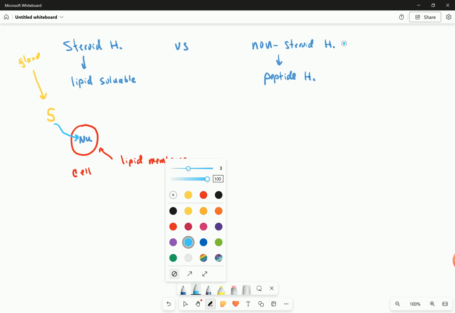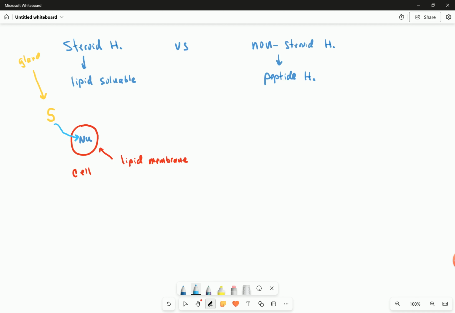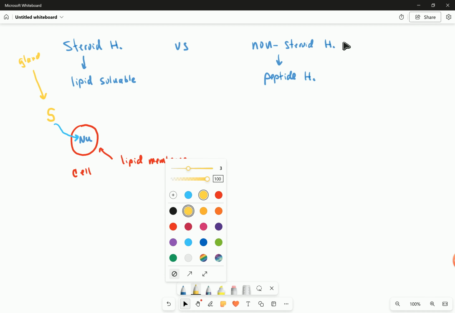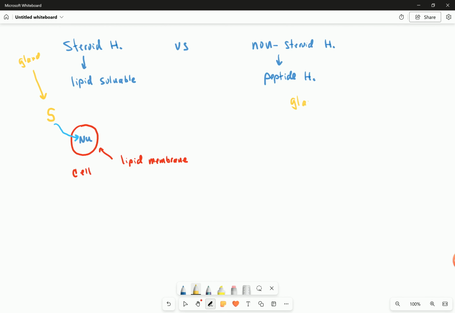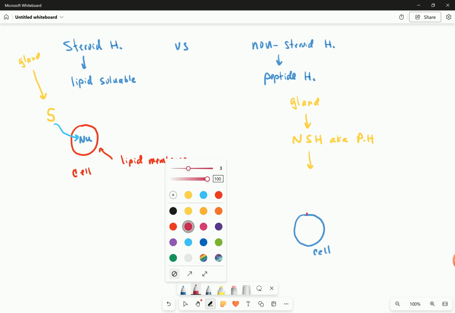Okay, a non-steroid hormone requires a receptor. So we have the gland that releases a non-steroid hormone, also known as a peptide hormone, and that's going to then bind. So we have a cell, and the cell has a receptor.